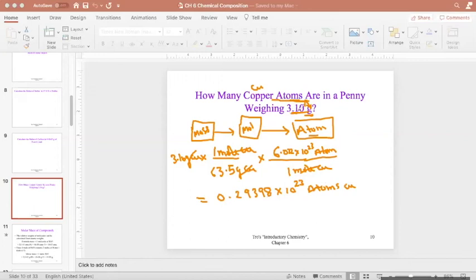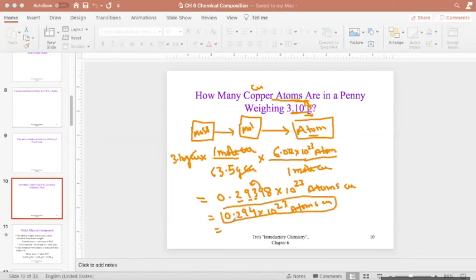You need 3, right? So this is 1, 2, 3. This one gets increased since it is more than 5, so your answer will be around 0.294 times 10 to the power 23 atoms. Or you can write it this way too. So this will be one of the answers.